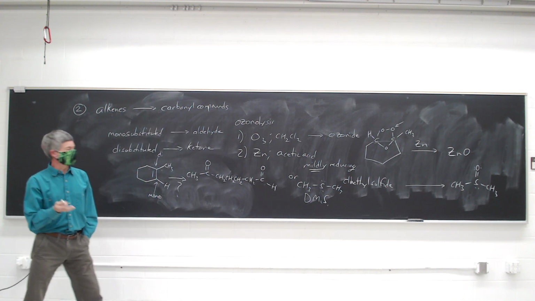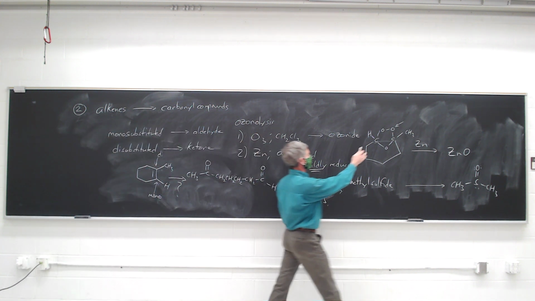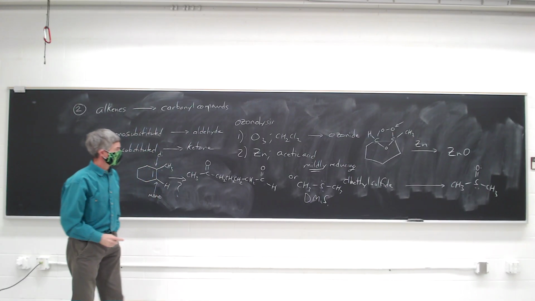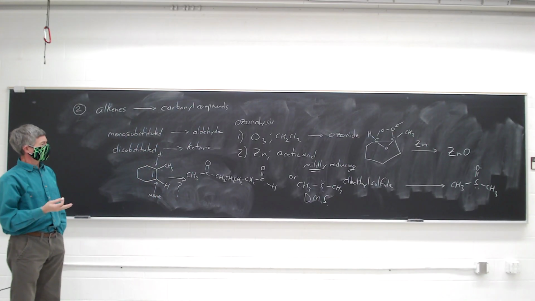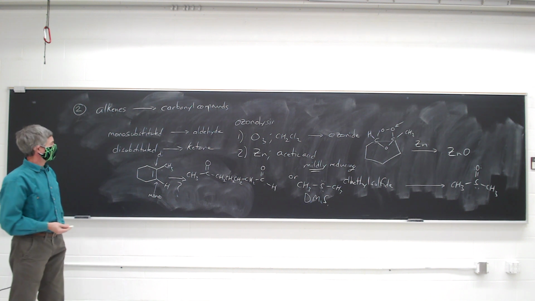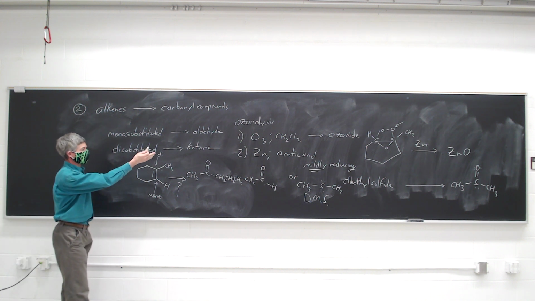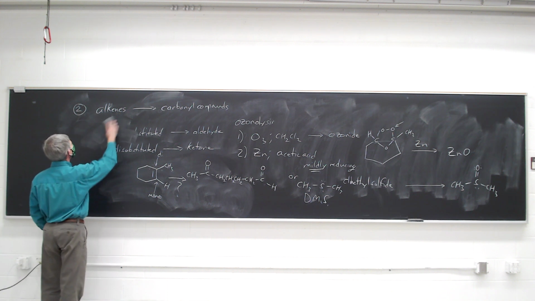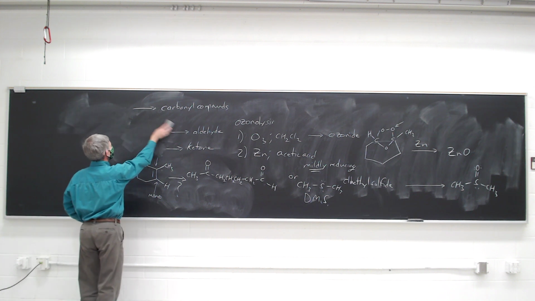Right? And it does the same thing. It basically lassos out one of these oxygens. The oxygen-oxygen bond is always pretty unstable. So either of those two mildly reducing workups will allow you to convert the ozonide to the aldehyde and the ketone. So that's method 2.